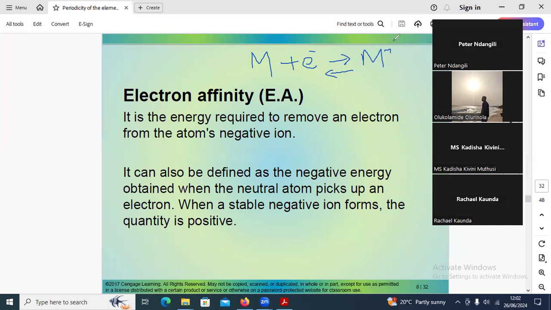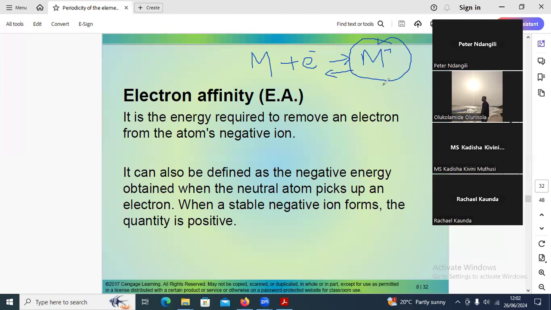We are going to remove this electron from a negatively charged ion. The energy involved is the same. The only difference is the sign. Therefore, we can also say that it is the energy required to remove an electron from an atom's negative ion.